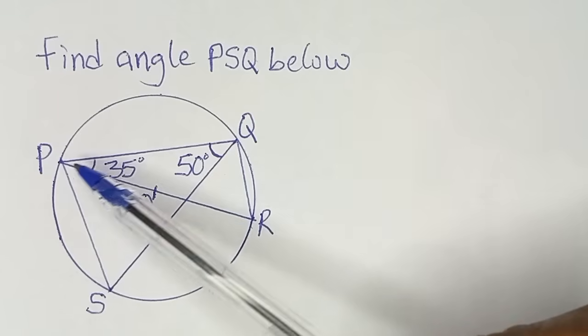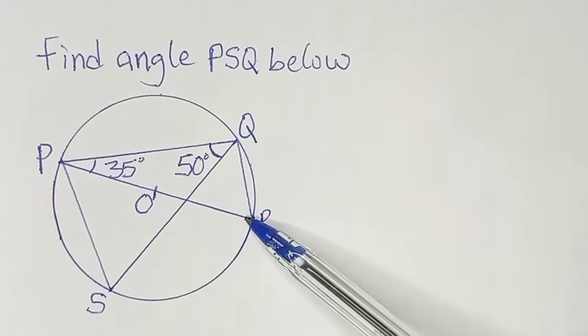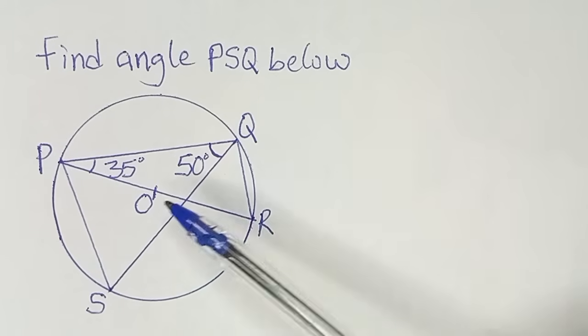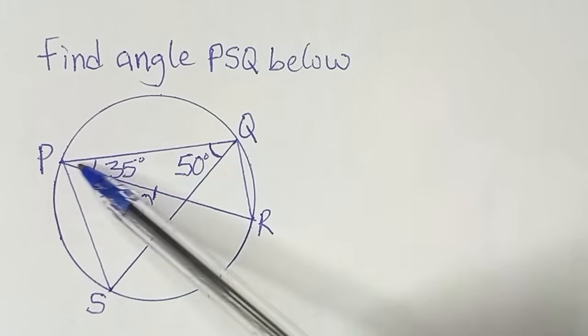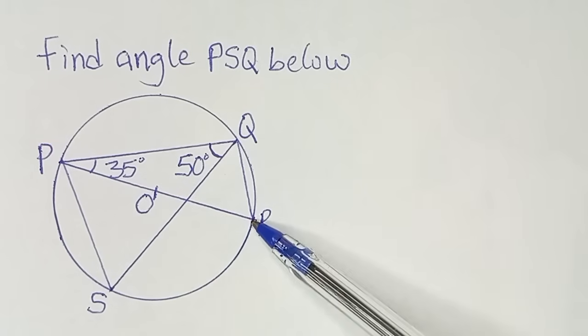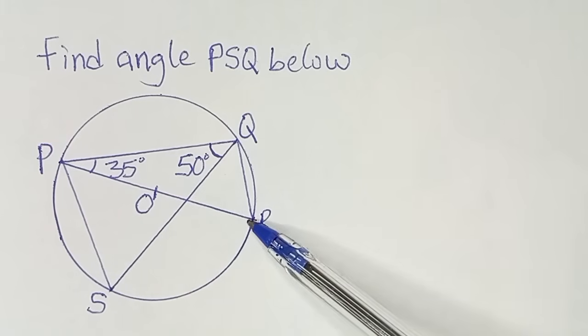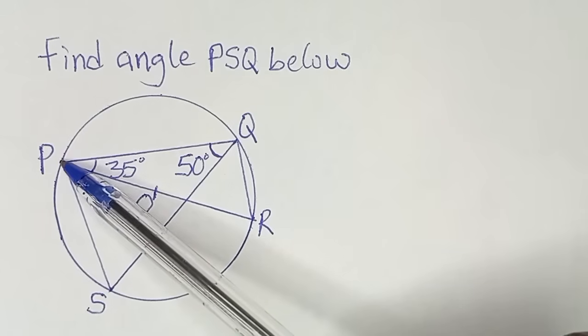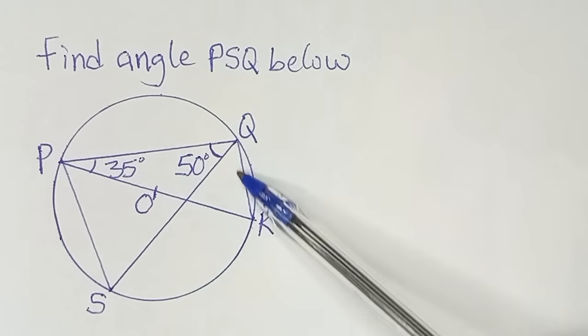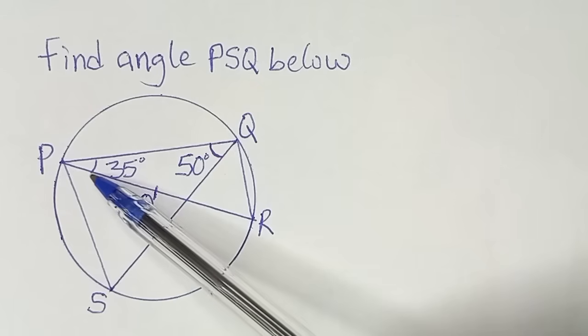Anytime you have a diameter of a circle like this, you need to look at the triangle formed by that diameter. The triangle it forms in this diagram is triangle PQR.